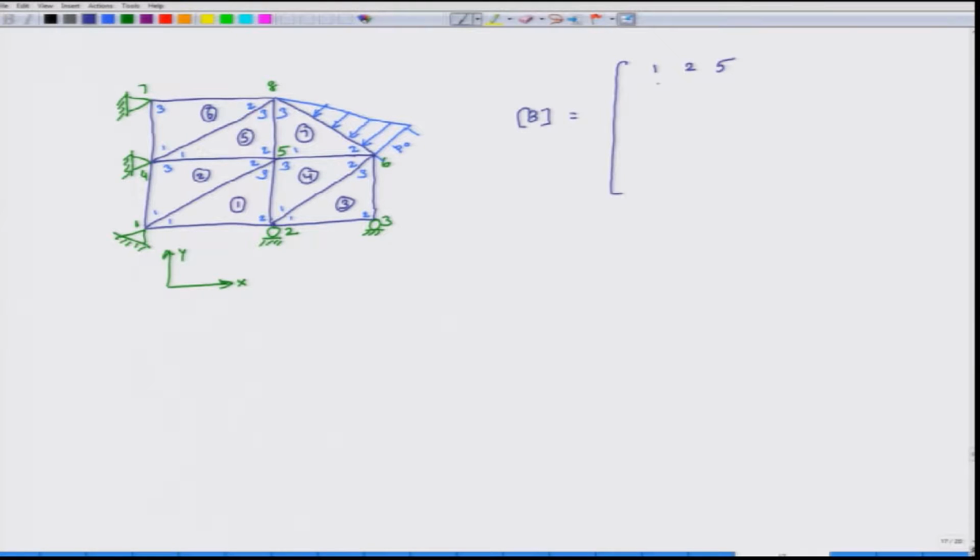Second row corresponds to second element. The global nodes are 1, 5 and 4, and again we have to go in the right order. Third element corresponds to third row, so the numbers are 2, 3, 6. Fourth element 2, 6, 5.